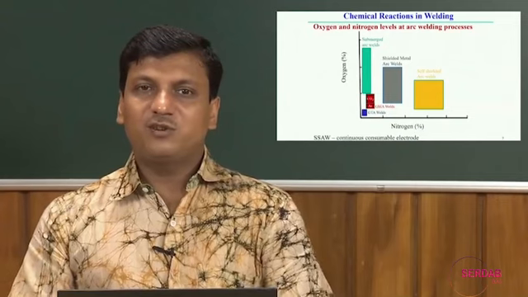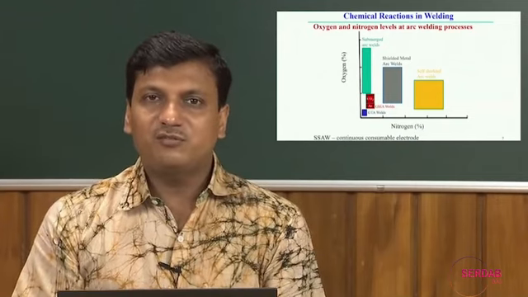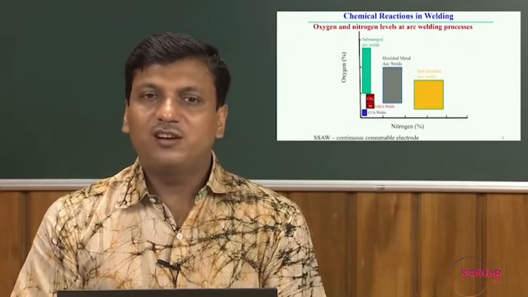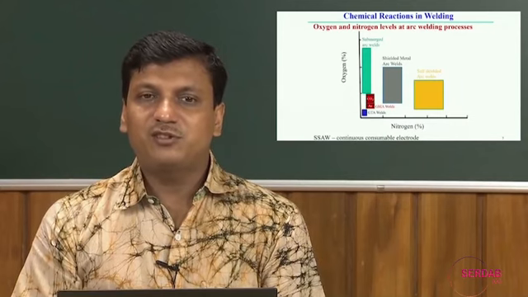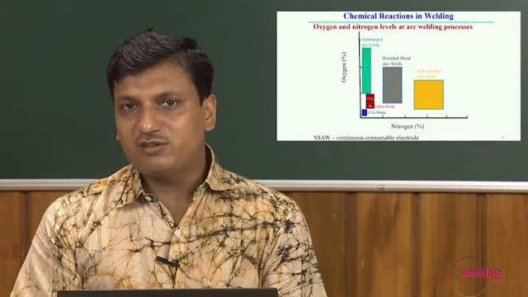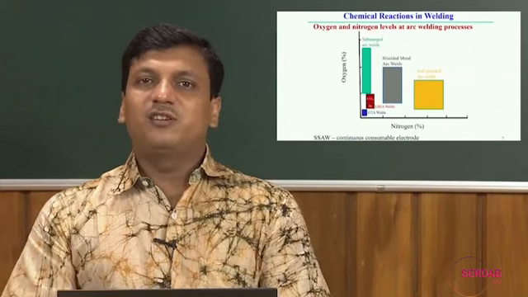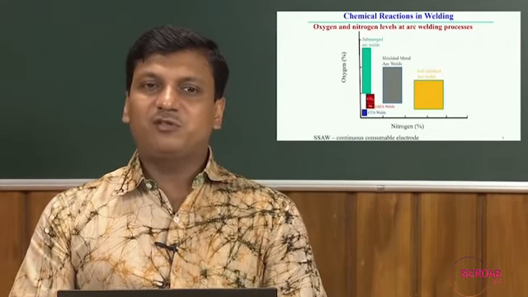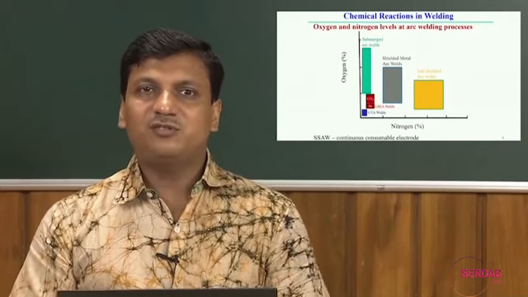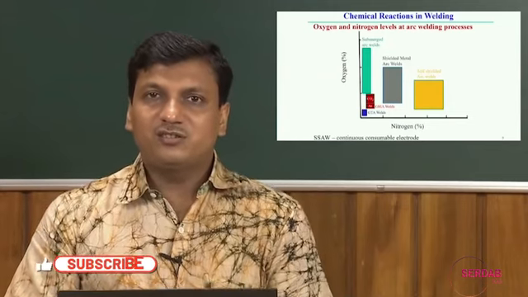Overall, we can find the least amount of oxygen content in the gas metal arc welding process, the maximum amount of oxygen content in the submerged arc welding process, and the maximum amount of nitrogen in the self shielded arc welding process. Of course, this amount of oxygen and nitrogen content depends not only on the shielding gas, but to some extent also on what type of metals we are trying to weld.